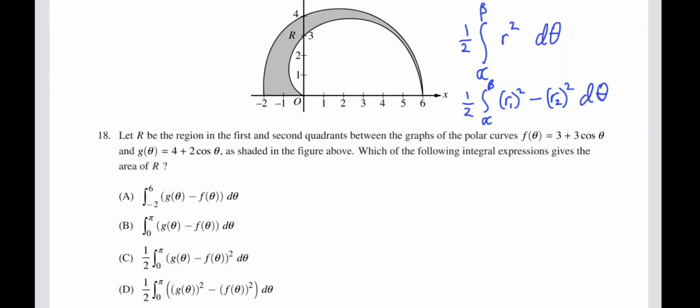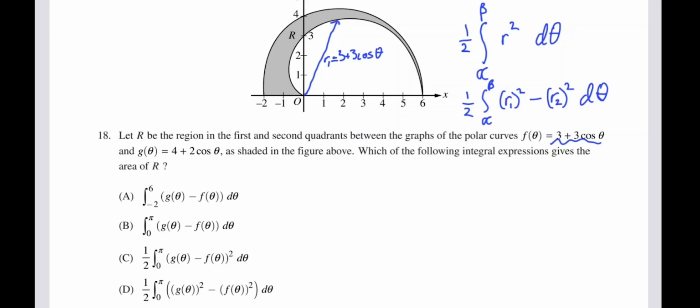Now r1, the first polar function, would be the 3 plus 3 cos theta, which is graphed right here. From the origin to there, all that area would be r1, which is again equal to 3 plus 3 cosine theta, our cardioid.